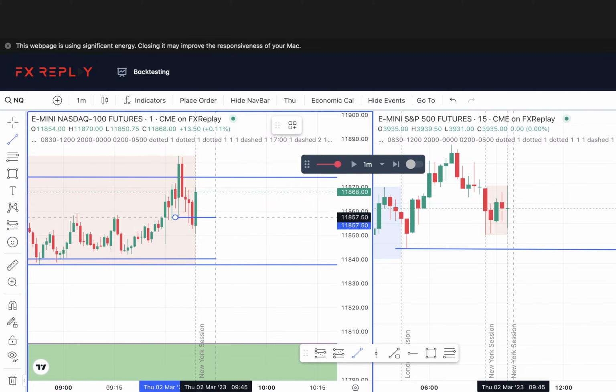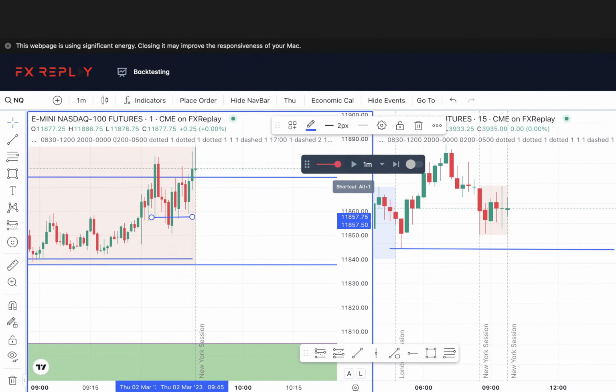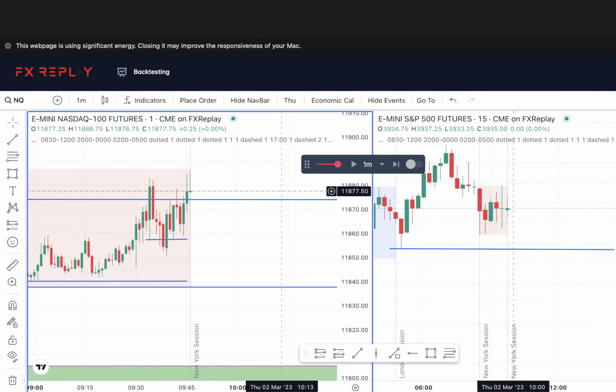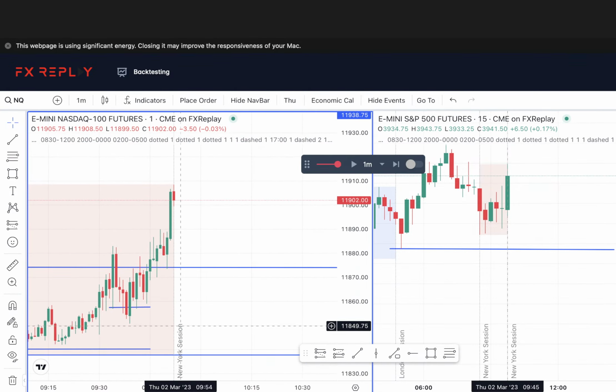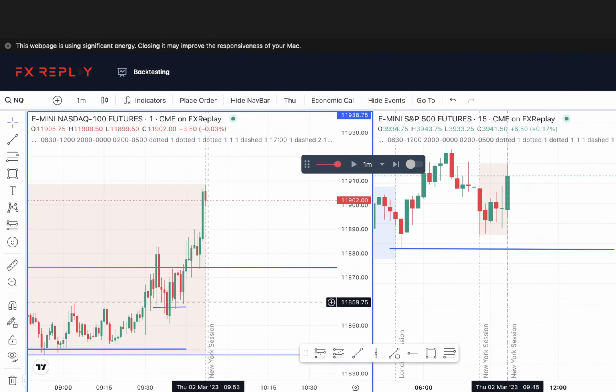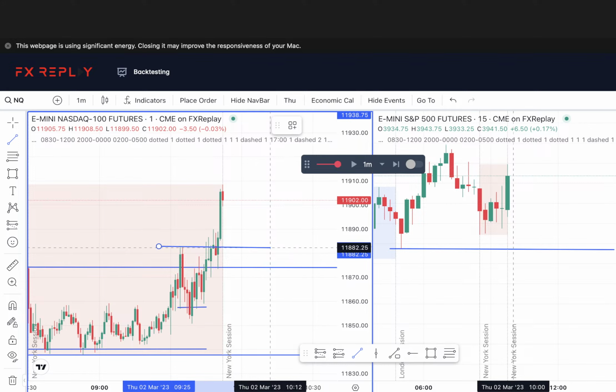So maybe I wait for one more red candle and get in. But, see, I wasn't too confident. So this would have been one we wouldn't have traded, or you can get in once we broke these highs if you wanted to.